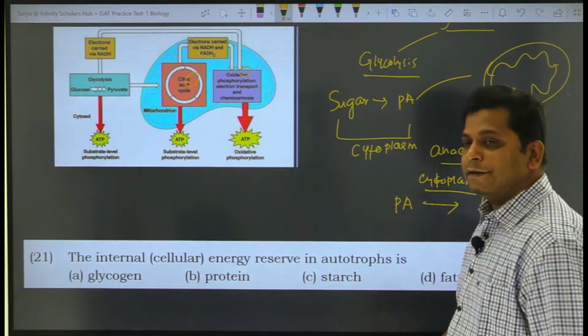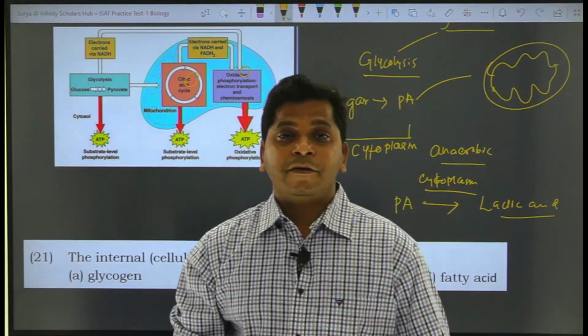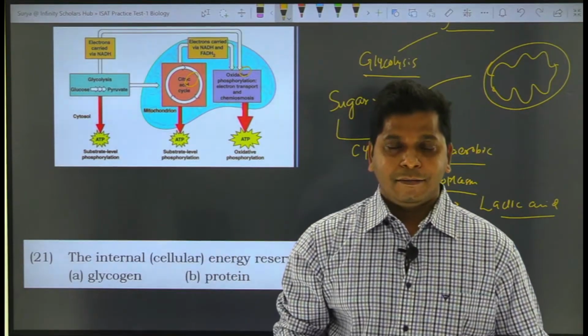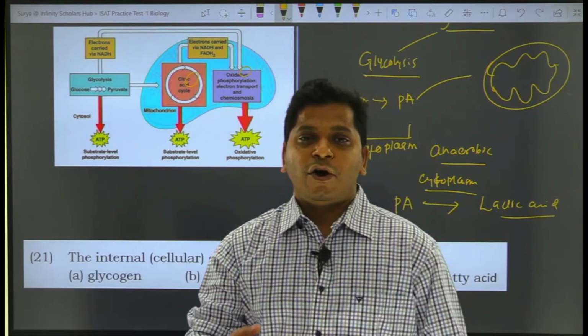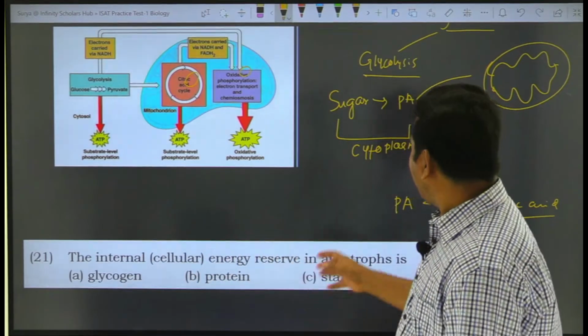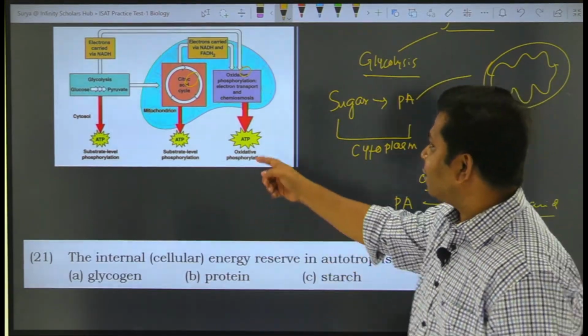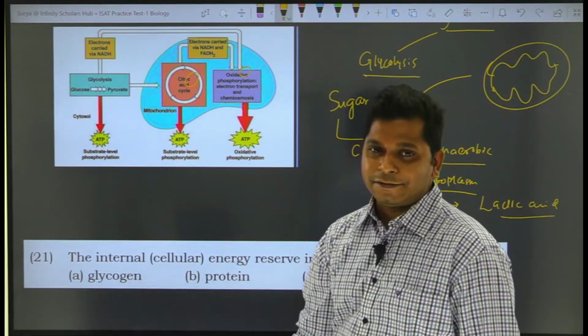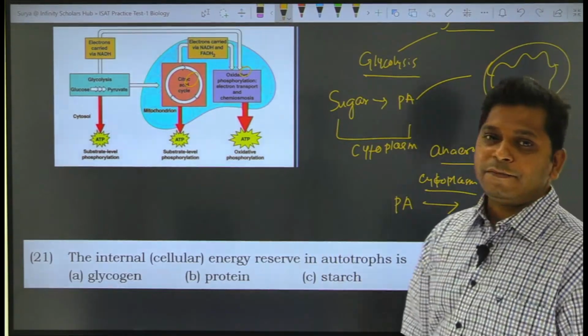Lactic acid. As you know, when we do a very severe form of aerobic exercise, what happens then? The oxygen in our muscle cells reduces. As the oxygen availability gets reduced, they cannot carry out aerobic respiration. What will they do? They will do anaerobic respiration.